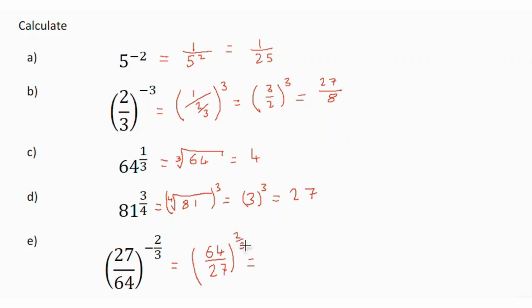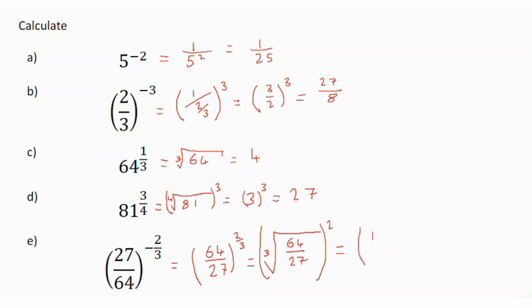The power of 1/3, the denominator there, means we're going to take a cube root. So we've got the cube root of 64 over 27, and we're going to take all of that and we're going to square it. The cube root of 64 over 27 is the same as the cube root of 64 over the cube root of 27.